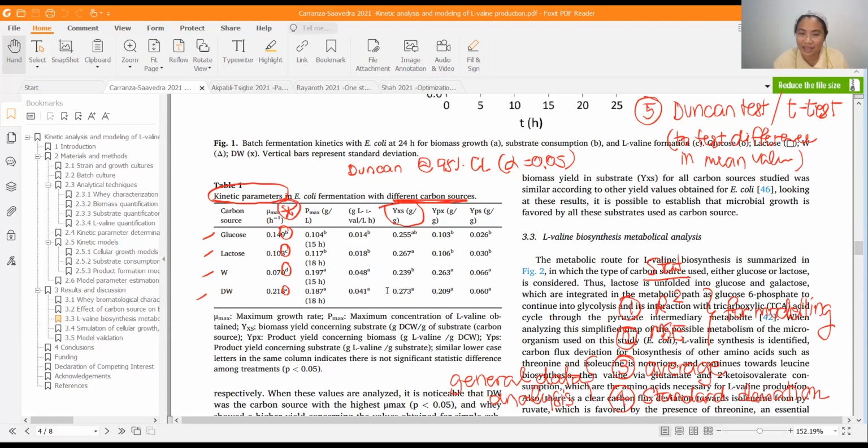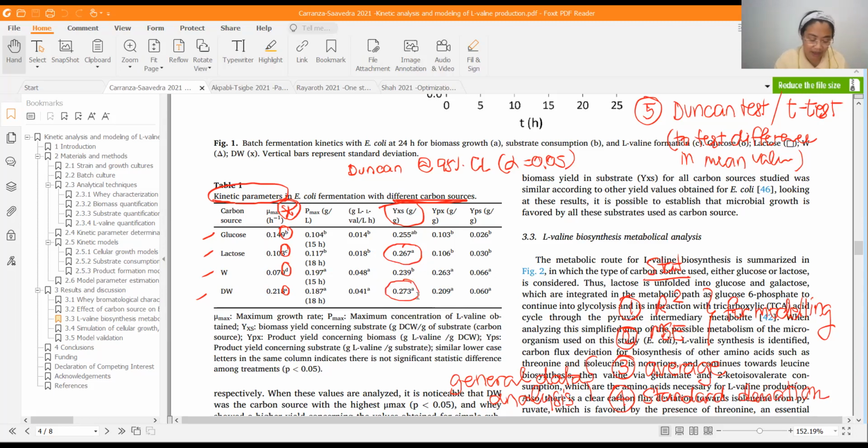You might just say that they are different because they are different numbers, but statistically, if you are doing repeats and then you compare the values that you get, you see that by statistics, this value and that value are not different because they have the A above.